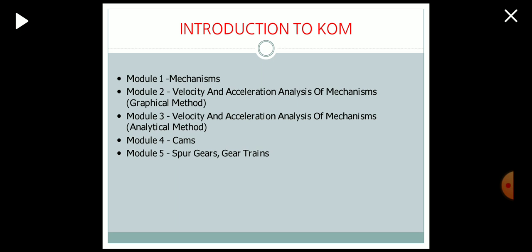That is, during the suction stroke, the inlet valve should be open, and during the compression stroke both the valves should be closed, and during the power stroke also both the valves should be closed, and during the exhaust stroke the exhaust valve or output valve should be open. So like this, at what time which valve should open or close is monitored by cams. So we will study cams in module 4.